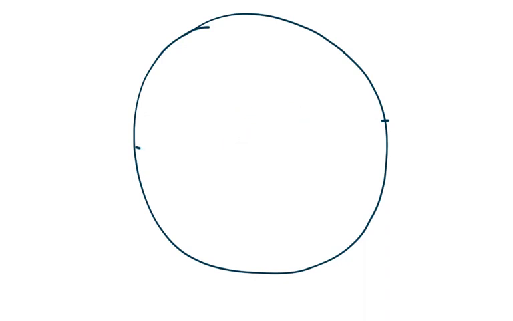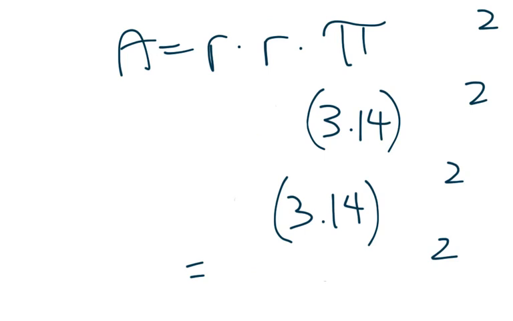We care about radius. So the radius would be 6 inches. Then let's find the area of the whole pizza first, and then we'll worry about the area of each piece. Okay, so it's 6 times 6, and this is inches.